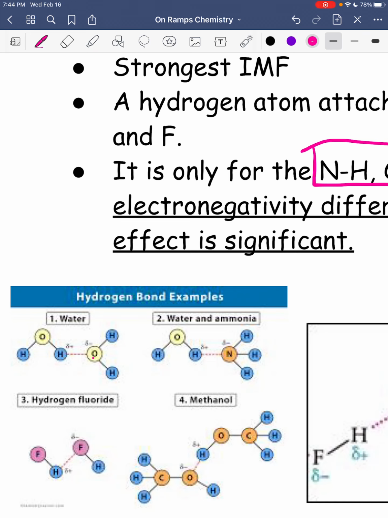So again, water and ammonia, N to H, that's a hydrogen bond. Hydrogen will bond to the nitrogen, which has 2 lone pairs. Then over here, hydrogen fluoride, again hydrogen to fluorine, bonds to one of the lone pairs. And so on, hydrogen to oxygen.